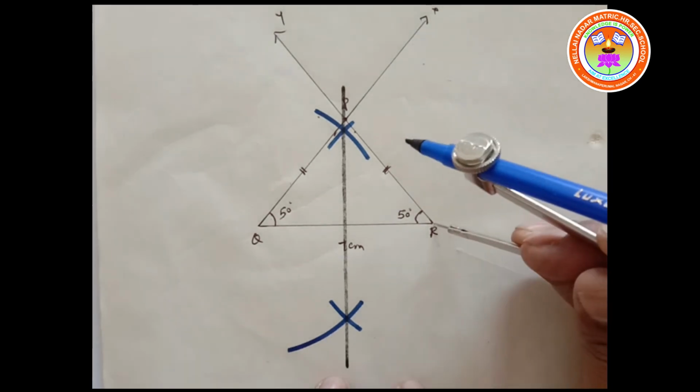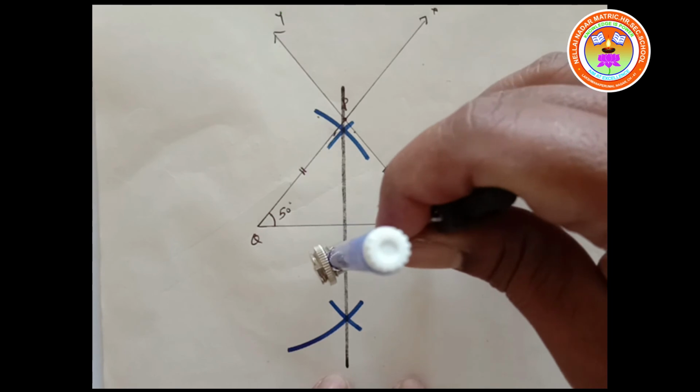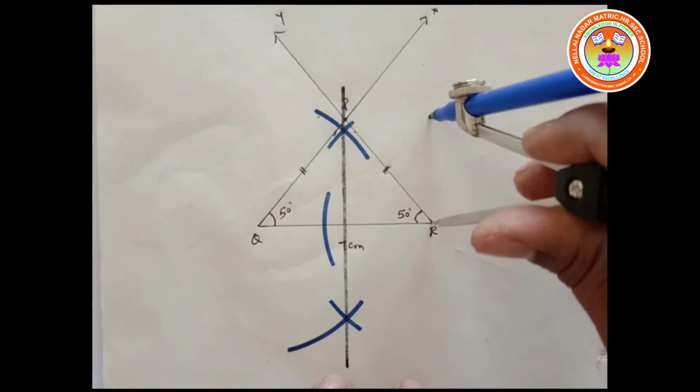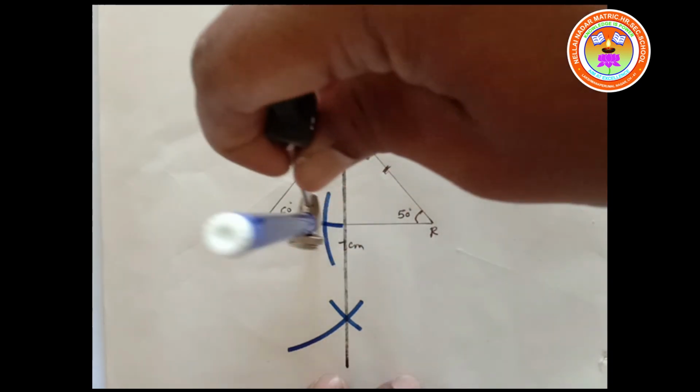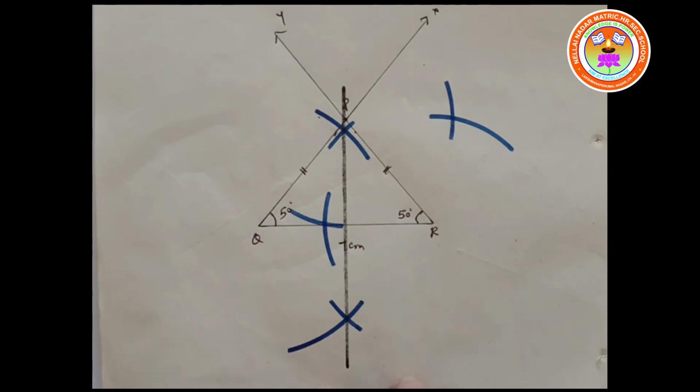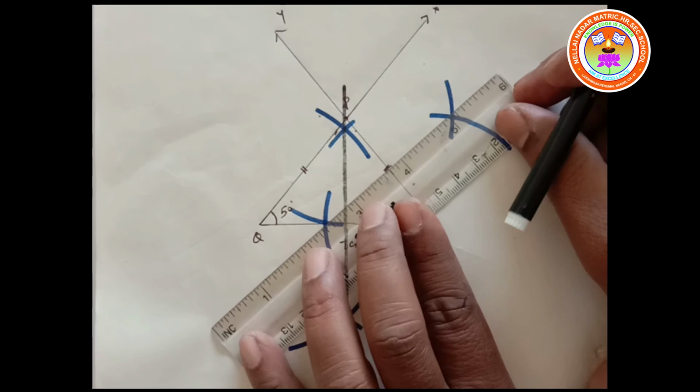And same way for the line PR. With R as center, cut an arc. From P as center, cut the previous arc. With the help of the scale, draw a perpendicular bisector.